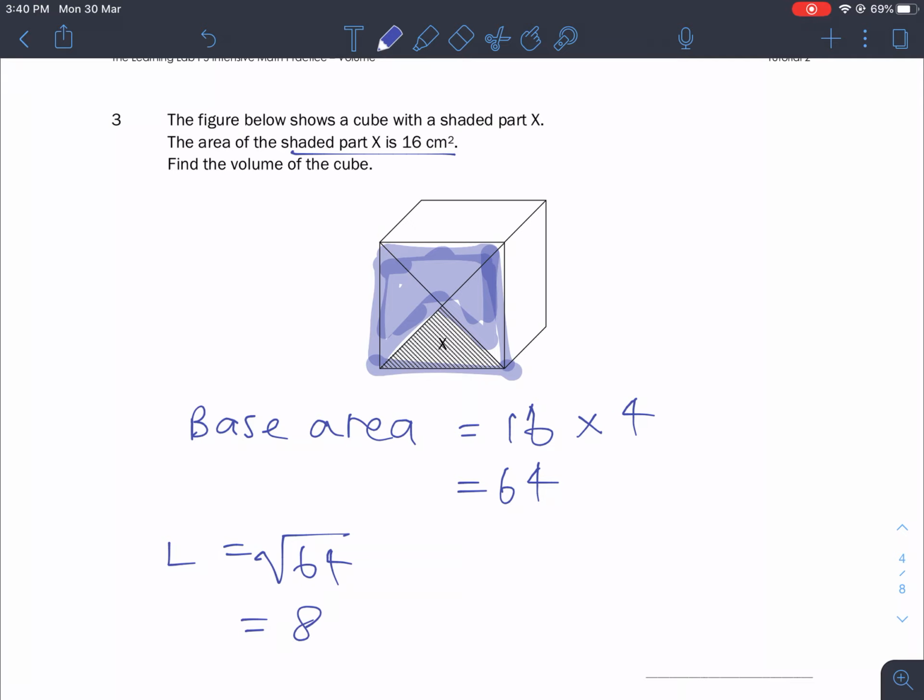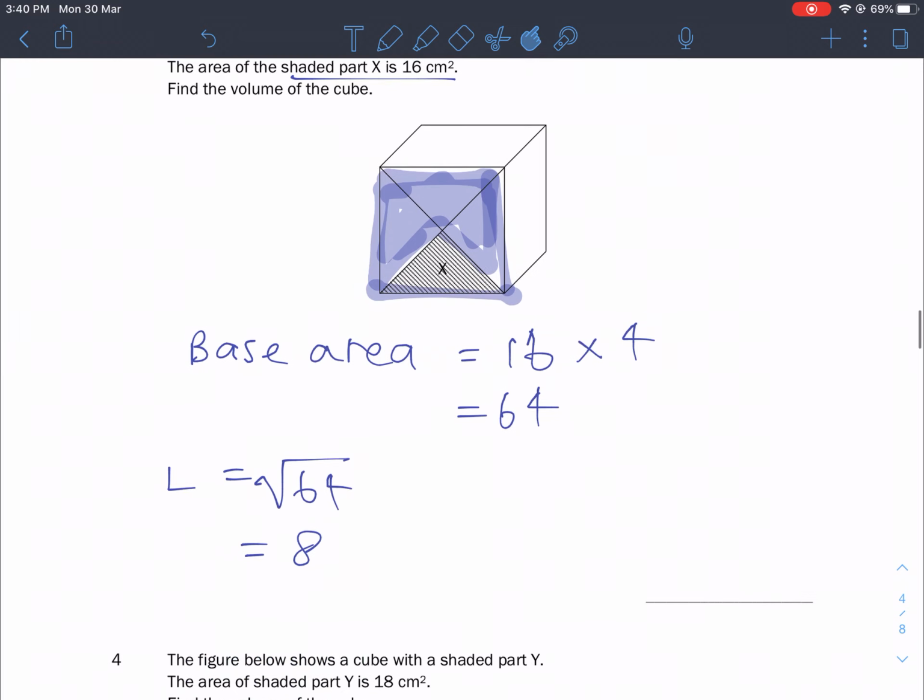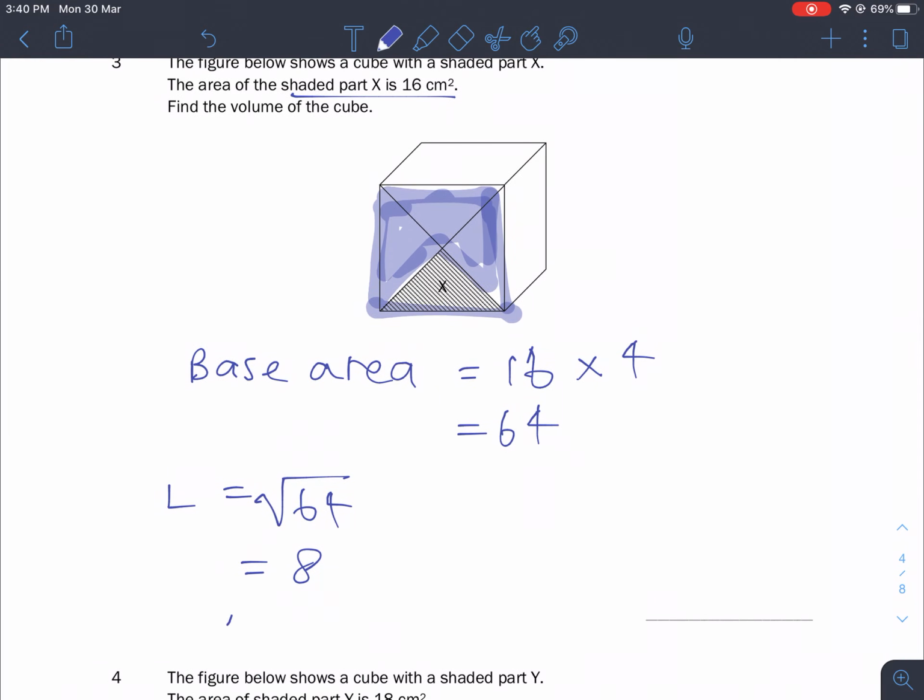After which, you can find the volume, using the length of 8. 8 times 8 times 8 equals to, key that into your calculator, you should get 512 cm squared.